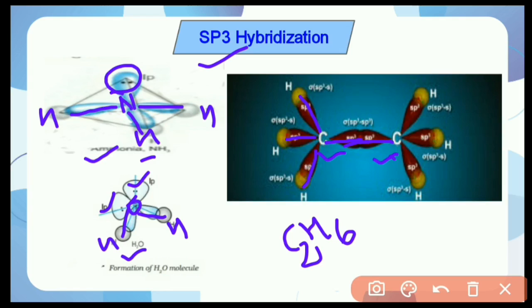Similarly, the second carbon forms 3 bonds with hydrogen and 1 bond with carbon. In this way, each carbon atom forms 4 bonds, and therefore its hybridization is sp3 hybridization.